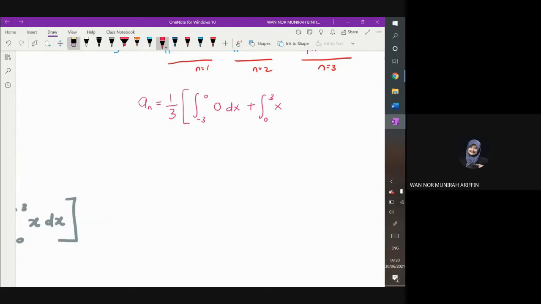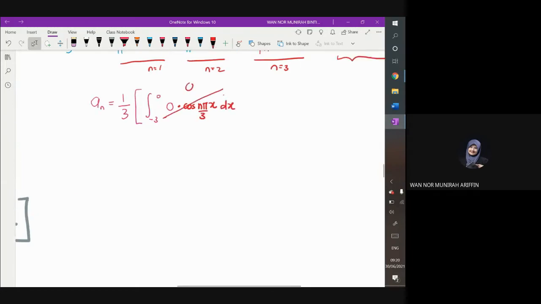For a_n, I will show it step by step because this is our first attempt to solve this. 0 times cos(n pi x over 3) dx is ultimately 0.